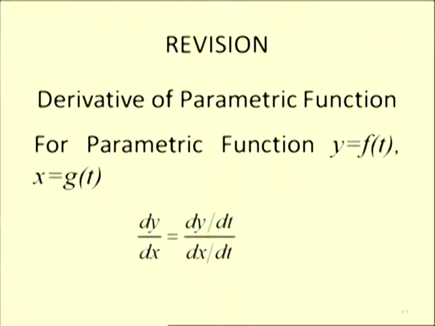Also, we have seen differentiation of parametric functions, where y is a function of t and x is a function of t, and that derivative is obtained by dy by dt upon dx by dt.